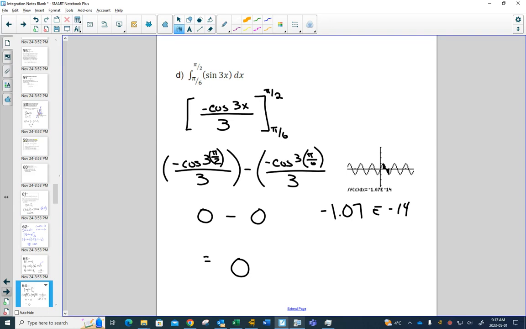Well, that e to the minus 14 is times 10 to the minus 14. So you would have 1, 2, 3, 4, 5, 6, 7, 8, 9, 10, 11, 12, 13, and then on the 14th digit would be the 107.